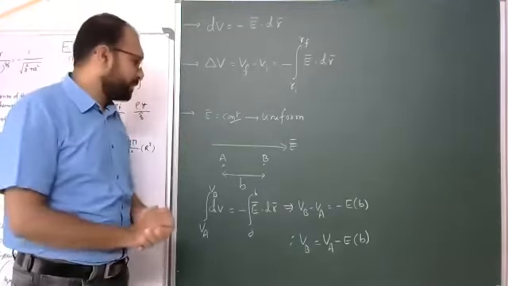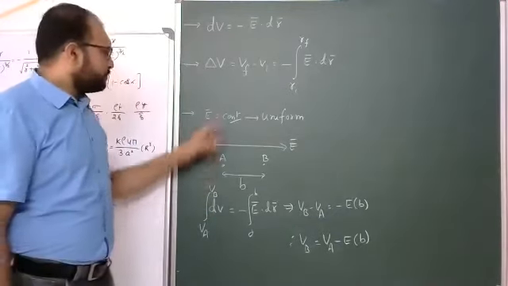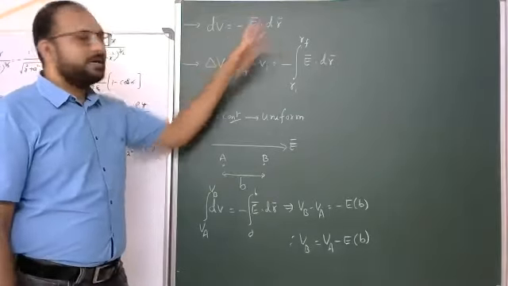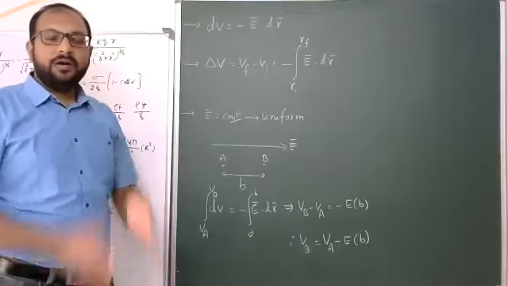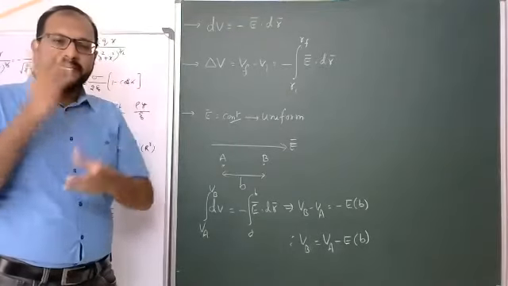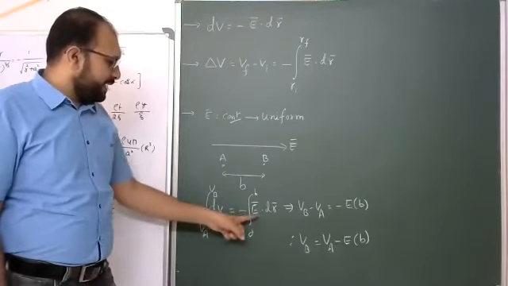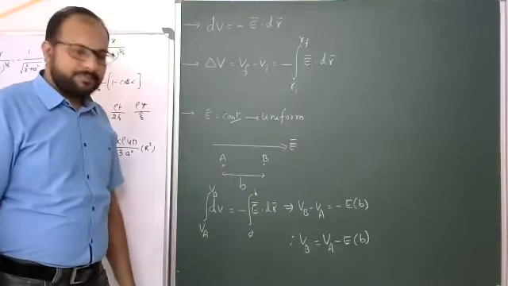Carefully observe now. Main expression, students: dV equal to minus E bar dot dr bar. Between 2 points, some integration is mandatory, so dV equal to minus integral E bar dot dr bar.